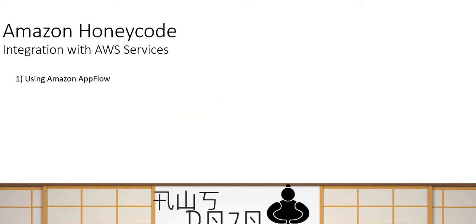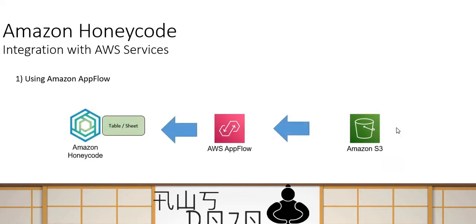Okay, so moving forward, let's talk a bit about how we provide integration with AWS services. There are multiple scenarios and multiple ways you might want to perform such integration. One is using Amazon AppFlow. You use Amazon AppFlow in the case when, suppose, you have some data in an S3 bucket, and you want to import that data into a Honeycode table or sheet.